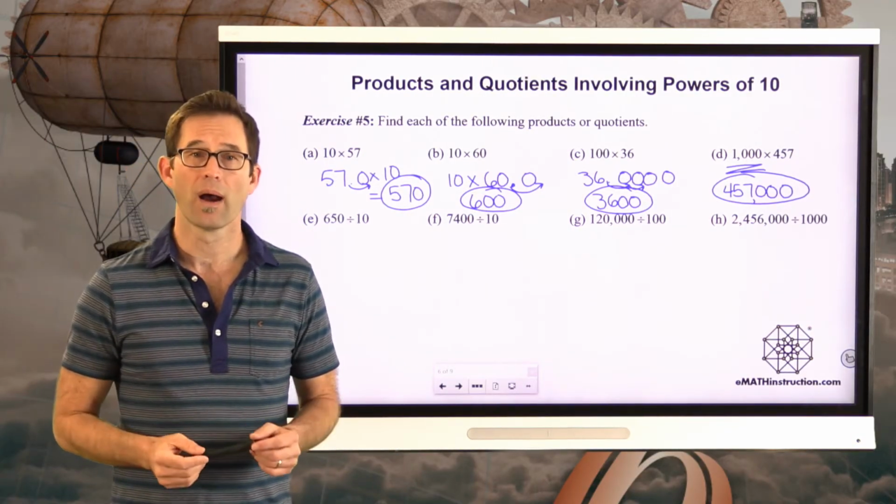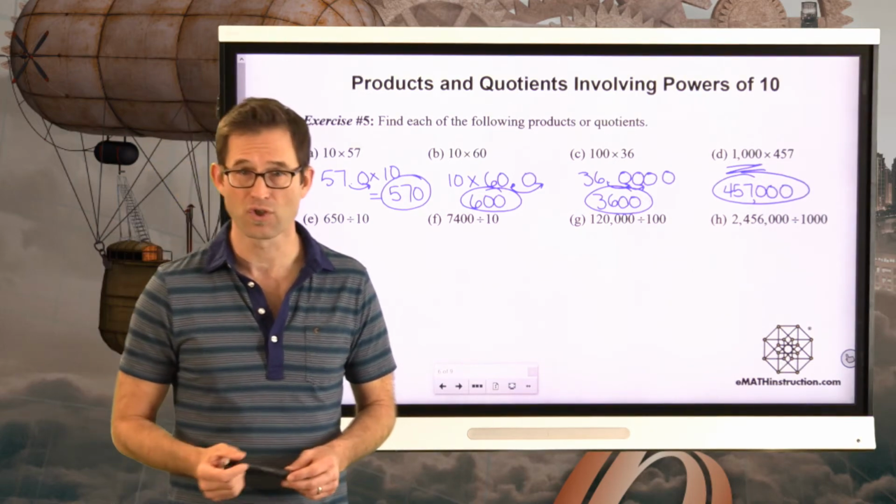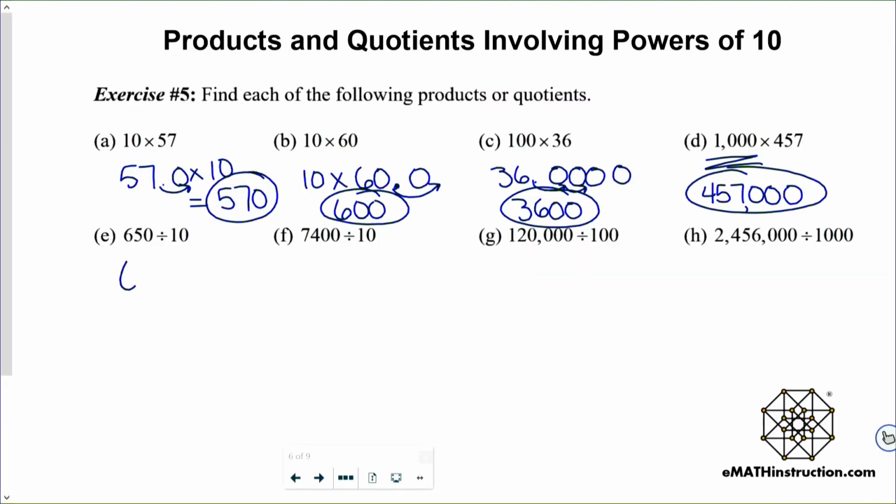Now, when we divide by powers of 10, we move that decimal place in the opposite direction. So in letter E, when we have 650 divided by 10, we then think about that decimal point being right here, and because we divide by a single power of 10, we now have 65.0, or just 65.